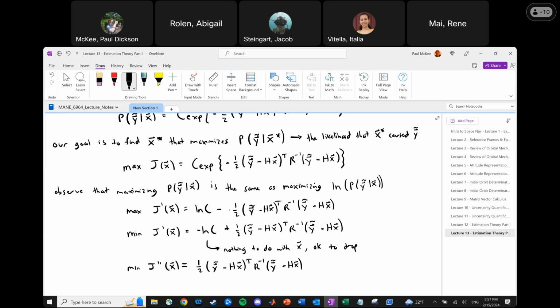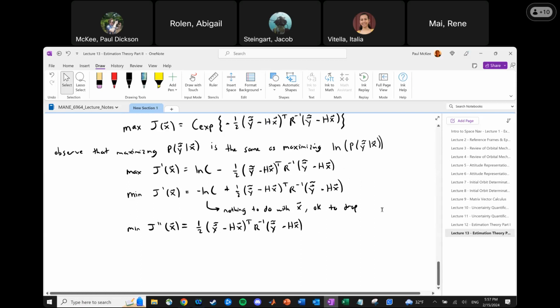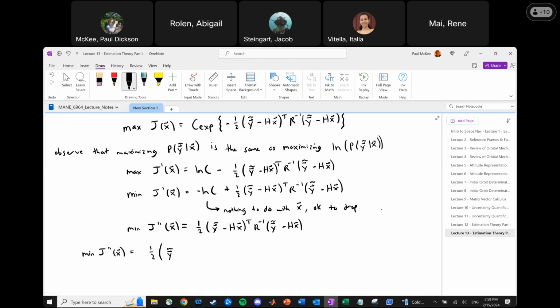Now I'm going to expand this a little bit, and then we are careening towards a matrix vector calculus problem. So bear with me. The minimum of J double prime of x is equal to 1/2, and then we open the parentheses: y transpose R inverse y. This is looking a little familiar. Minus 2 y transpose R inverse Hx plus x transpose H transpose R inverse Hx.